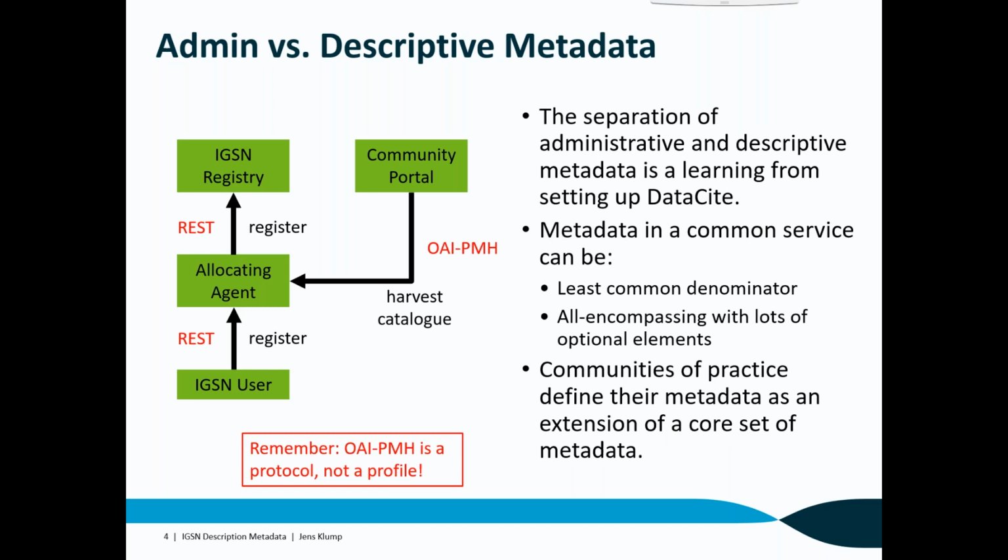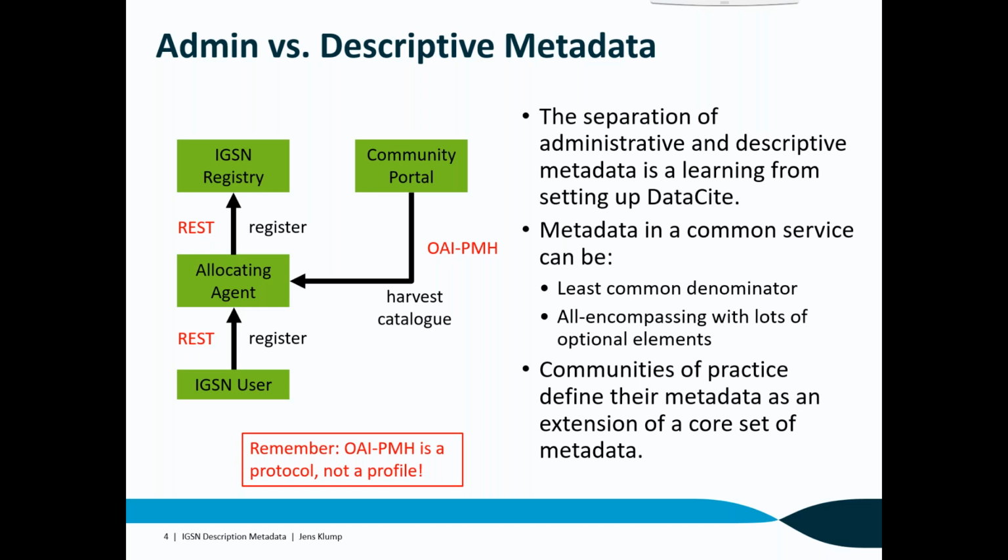And this separation of administrative and descriptive metadata is one of the learnings we took from the way DataCite was set up. I was involved in the precursor project that led to the foundation of DataCite, so I had quite some insight into the decisions we made back then.